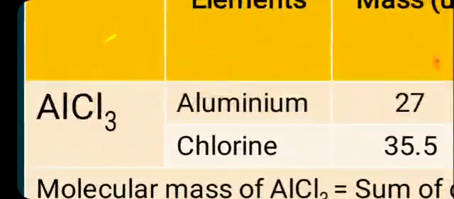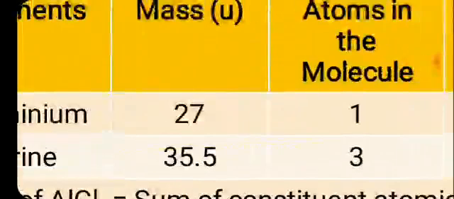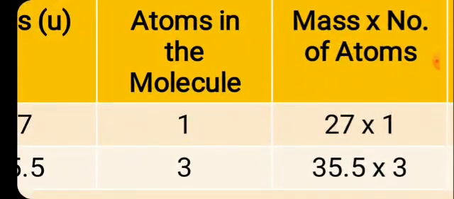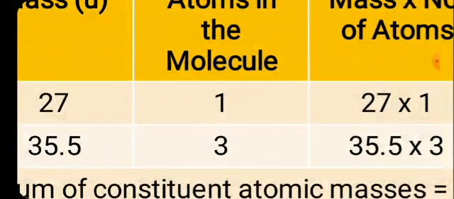See here, in aluminium chloride, there is a single aluminium atom and 3 chlorine atoms. So, in this column we will write 1 atom of aluminium and 3 atoms of chlorine.